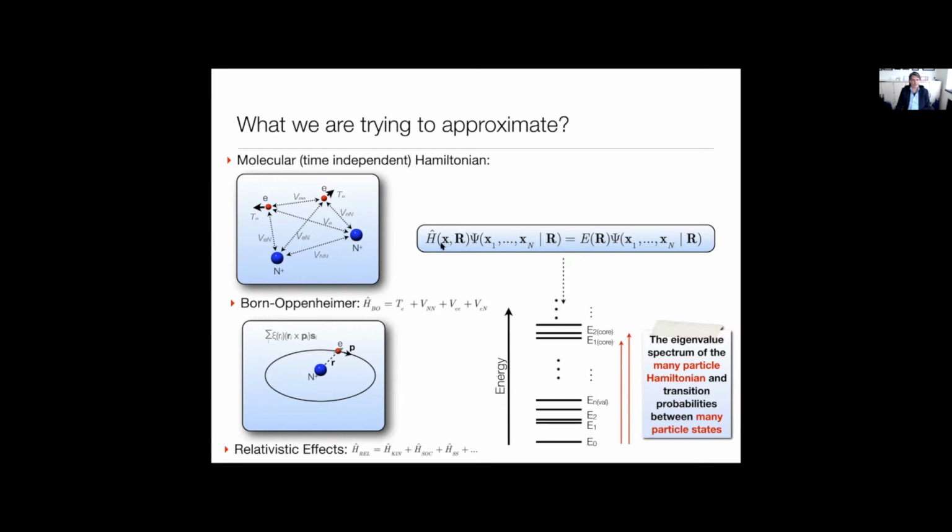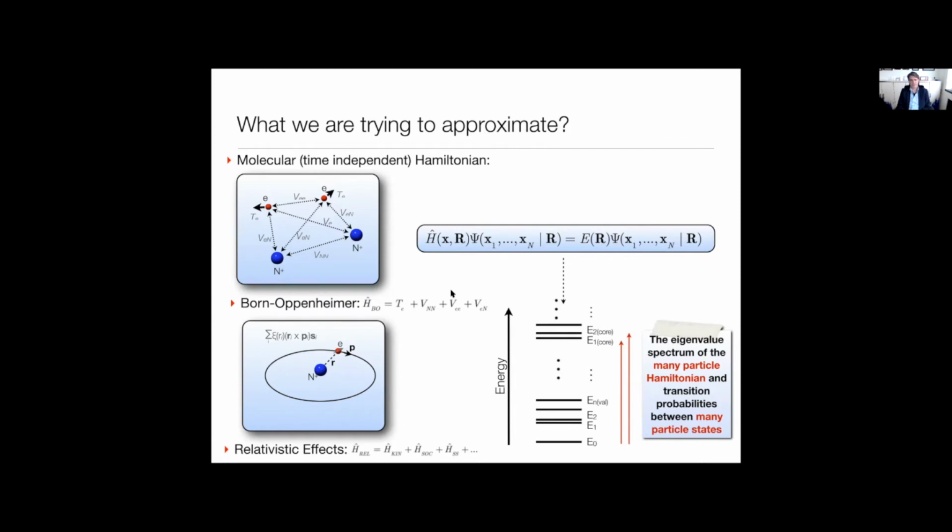And of course, you have to supplement that Born-Oppenheimer Hamiltonian for X-ray spectroscopy with terms coming from relativity, and the most important one in terms of X-ray spectroscopy is certainly the spin-orbit coupling, which is another 2-electron phenomenon. Most of the time, the spin-orbit coupling operator is approximated as a 1-electron operator, which for the most part works okay.